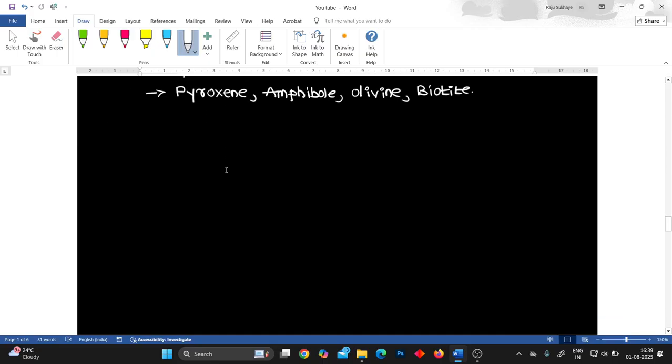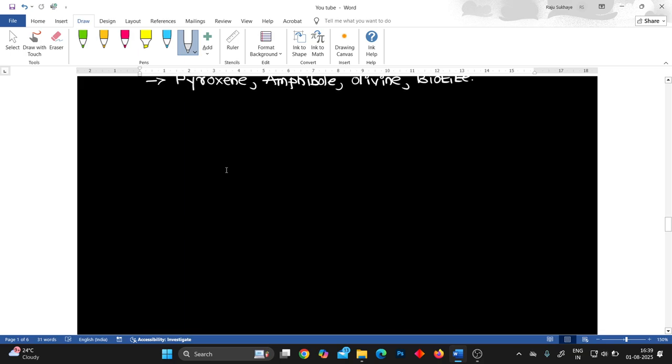This basic magma is also known as mafic magma. So apart from that, what can we see later? What will be the reaction of the gases? Here, as we have seen, the magma consists of dissolved gases.